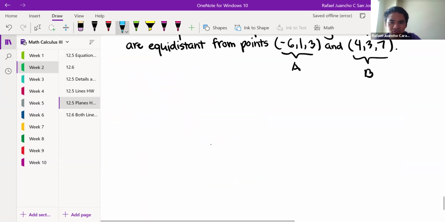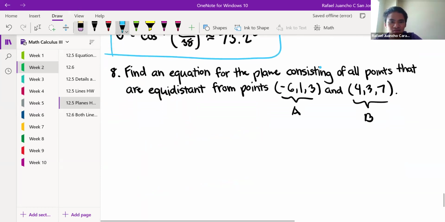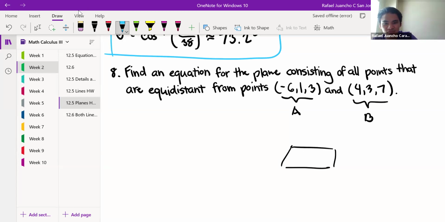So what it's saying is, when we want an equation of a plane, we need a point on the plane, and we need a normal vector that's perpendicular. So if we're given some plane, we need some point and some normal vector.